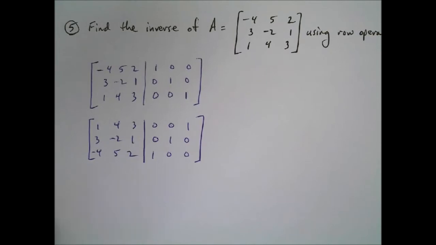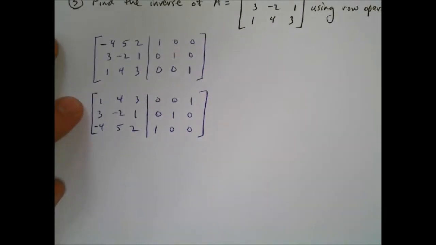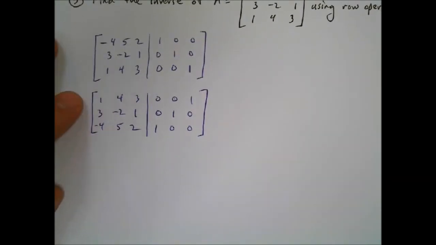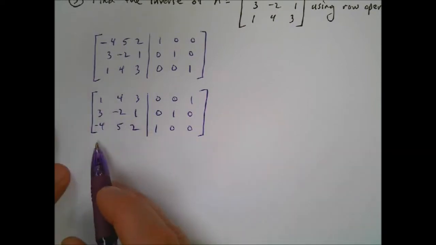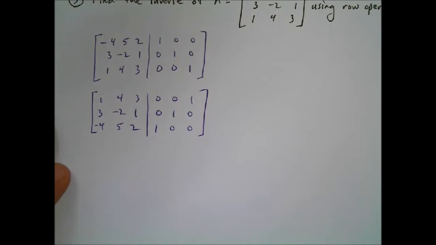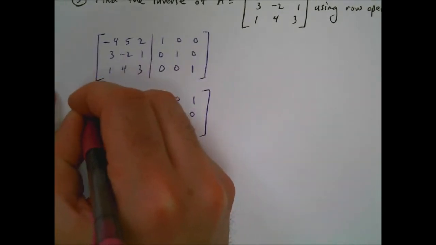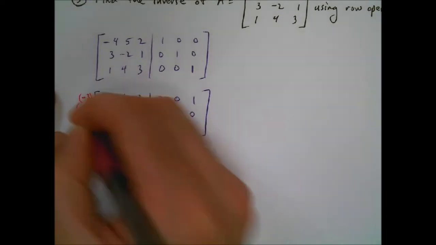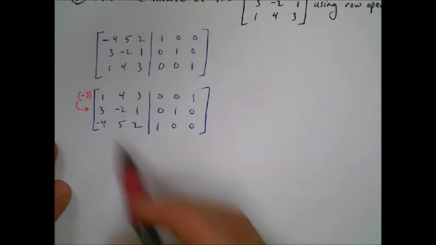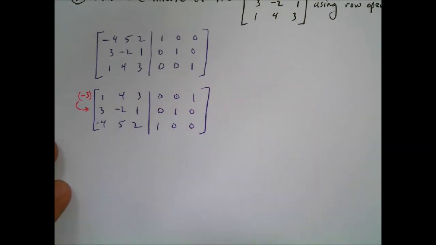Okay, so now I have my positive 1 in the top left-hand corner of the main diagonal. So next we get the zeros directly beneath it. Make sure that you go in this order, otherwise you undo things that you've already fixed and all that kind of stuff. So now I would multiply the top row by -3 and combine it with the middle row, because that would get me a 0 here on the left-hand side.